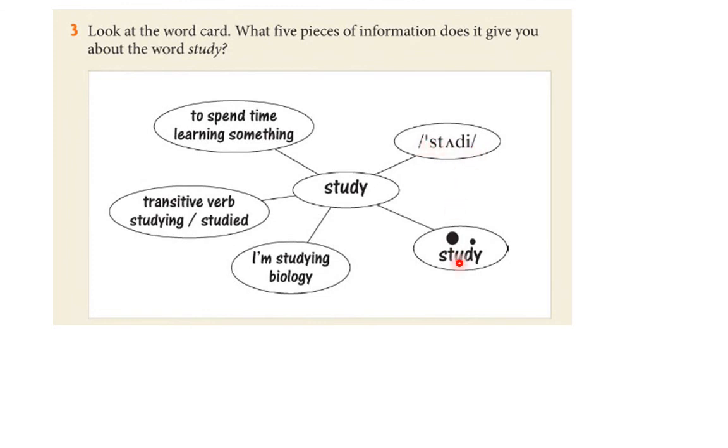The stress mark is the biggest circle above the letter T and the small one above D, so it should be said as study. And an example: I am studying biology. Here we have the part of speech, transitive verb. And also we have the definition: to spend time learning something.